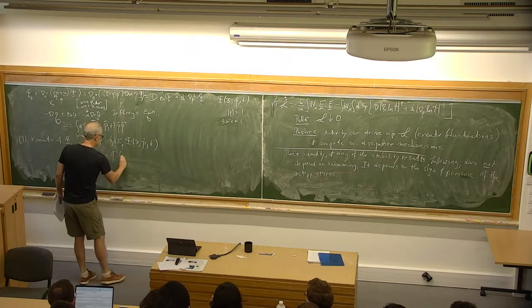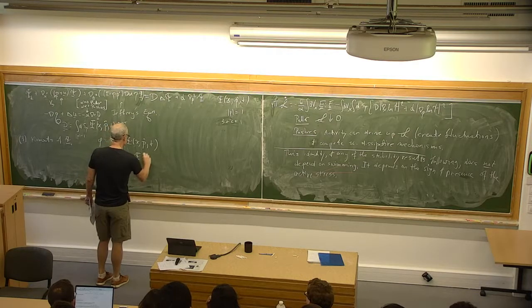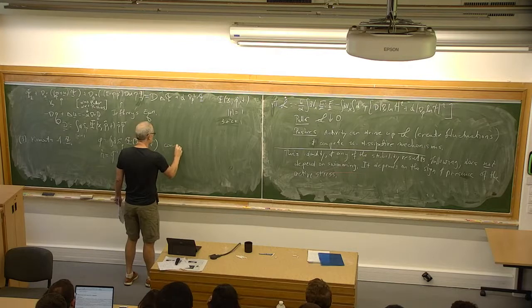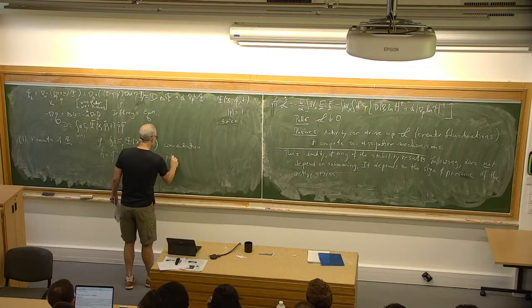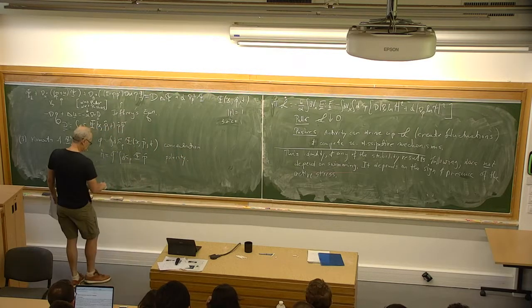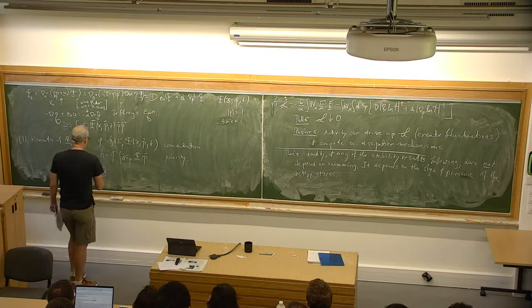Phi inverse, integral over S^2 of psi P dP. So this is the polarity. This is concentration, polarity, and then there's the Q tensor.